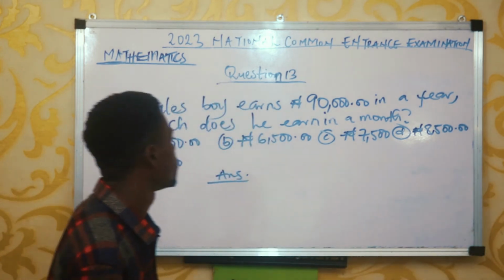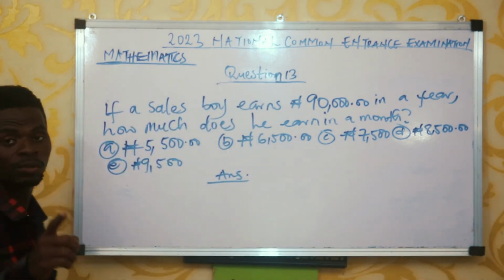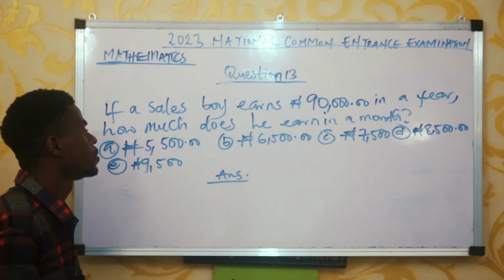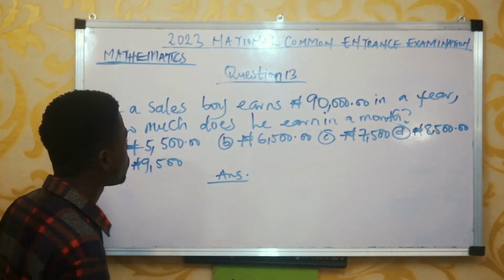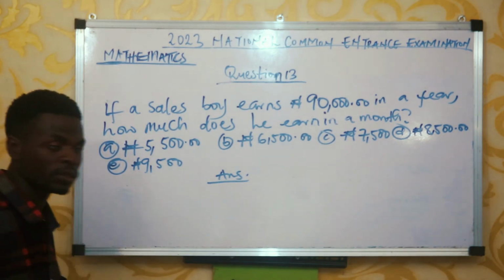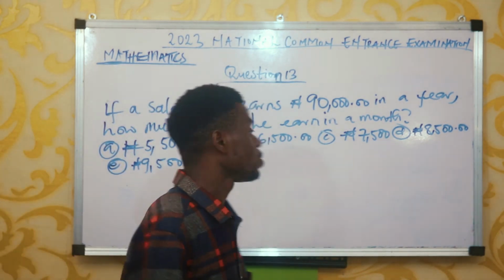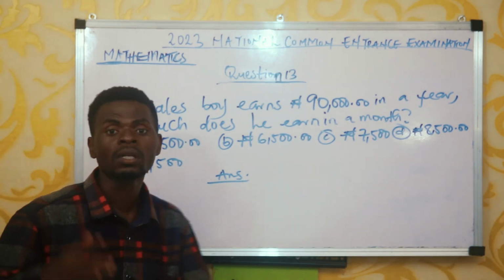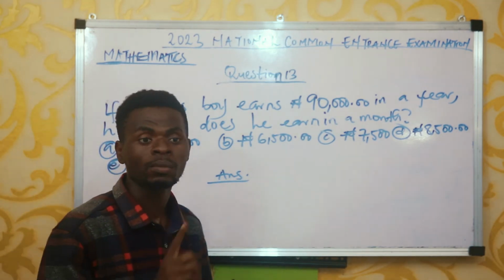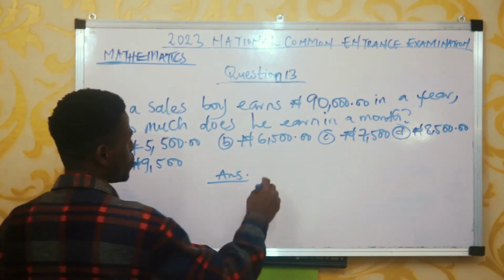So let's go. Don't forget, he earns 90,000 per annum. And we are to look for how much he earns in a month. Don't forget that 12 months makes a year. So we're going to divide 90,000 by 12 in order to get the exact money he earns monthly.